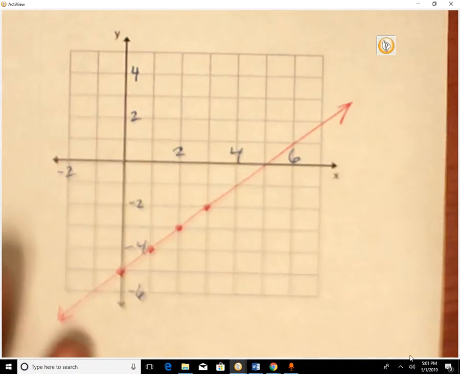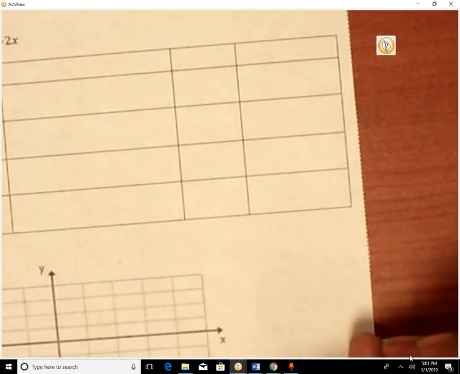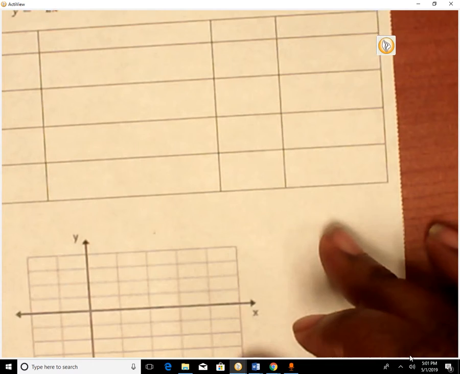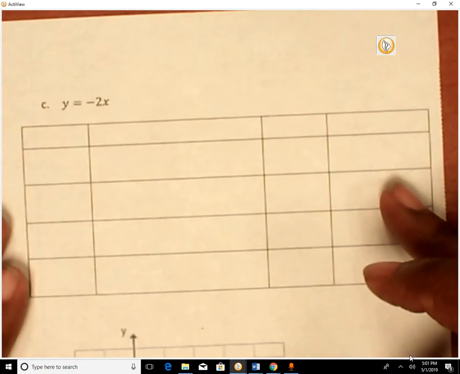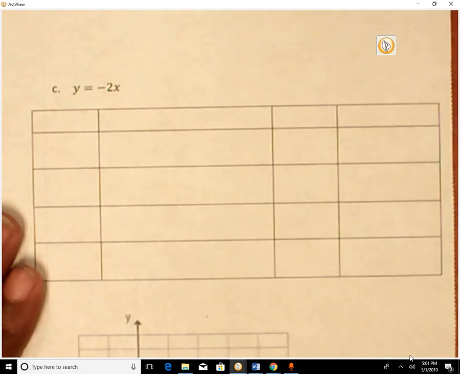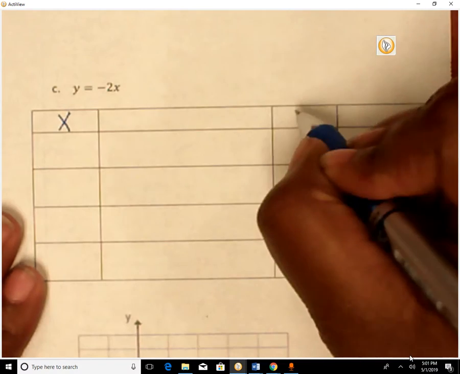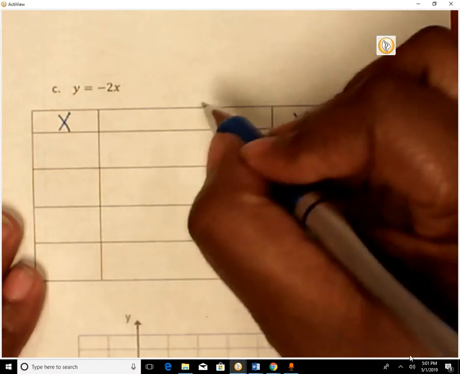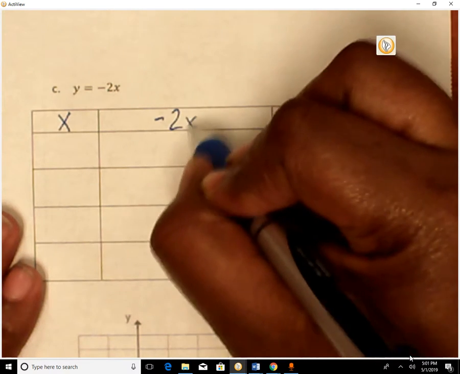All right, so let's step it up a little because we were doing kind of easy ones. All these should be easy, but hey, we might still make a mistake. Next, we have the function y equals negative 2x. So again, I'm going to do my function. My input is x, output is y, negative 2x.